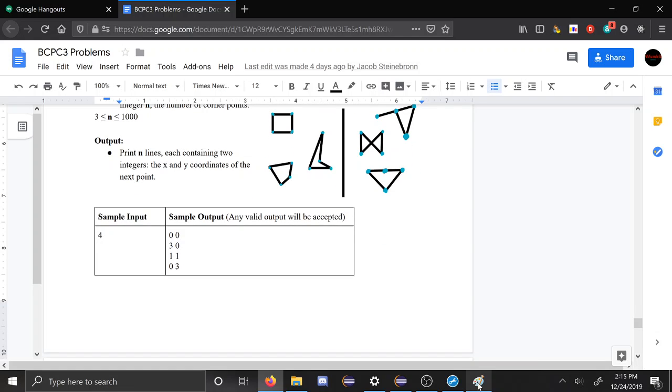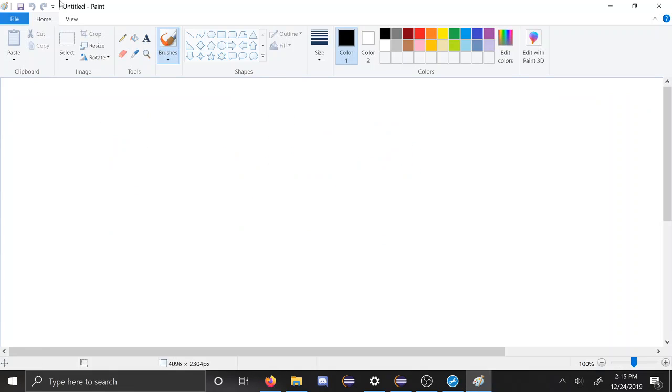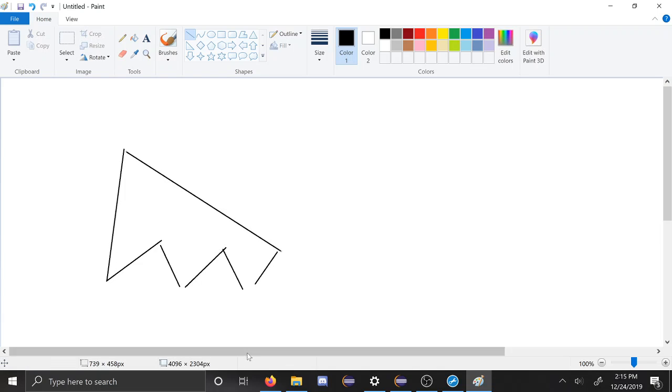So there are lots of approaches to this problem. Initially, what I thought was the easiest approach would be to do something like a sawtooth. You could just zigzag up and down like this, and then when you're done, you can just connect to the beginning. So that's one really easy way to do it.